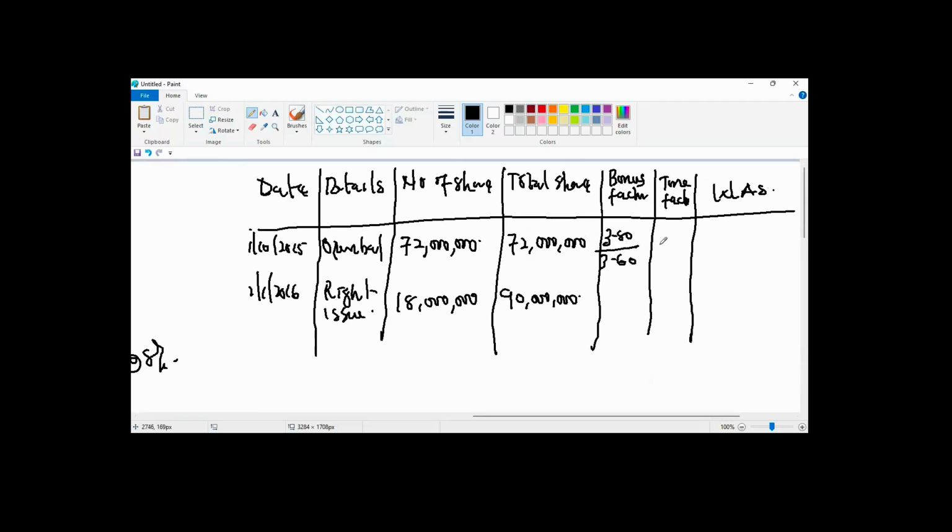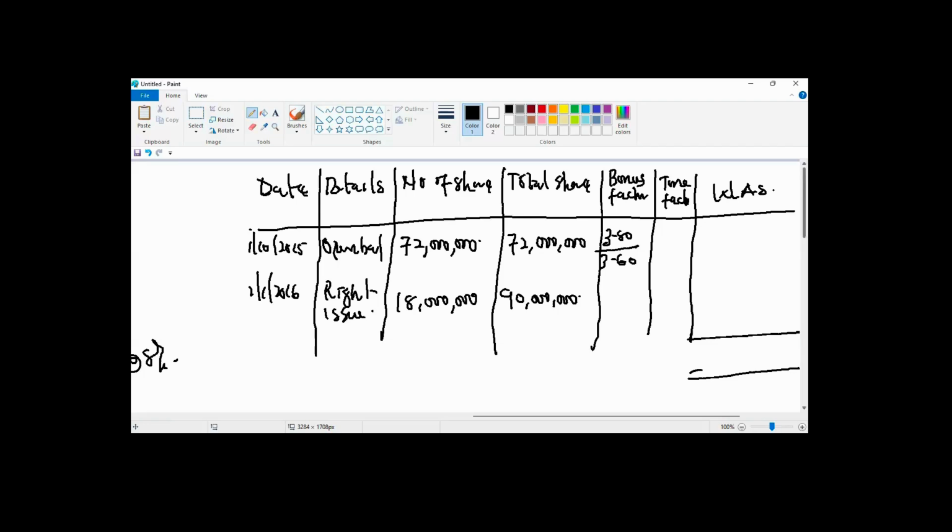That's all. I now need the time factor. This is for my basic. These are the things that go to the basic. Those who forget those things that go for basic will lose marks in the question. One, opening balance, fresh issue, repurchase.